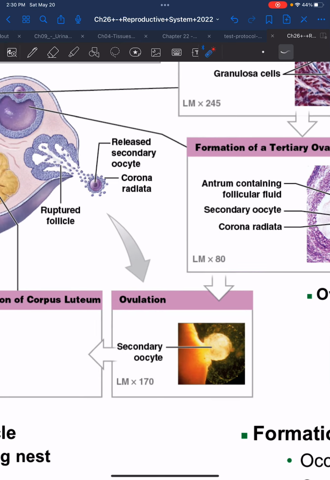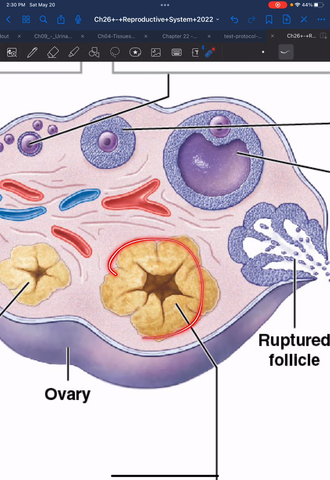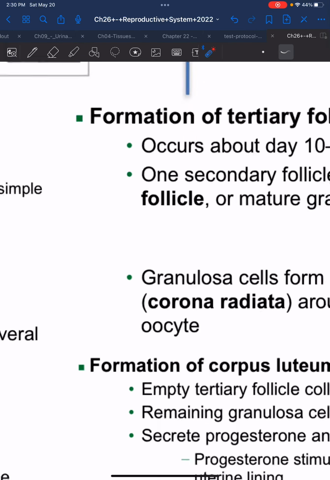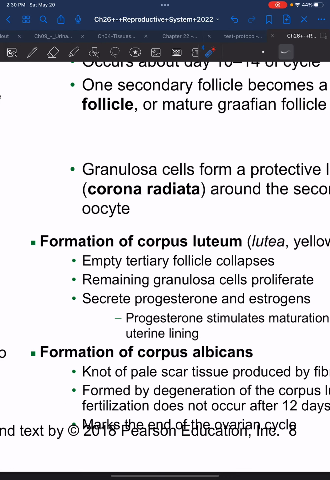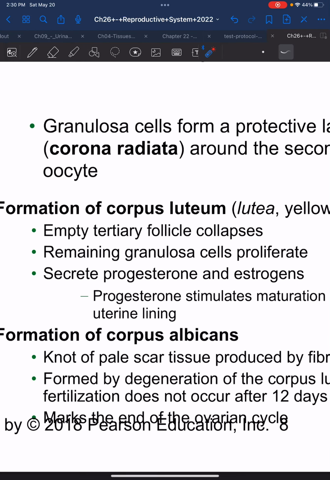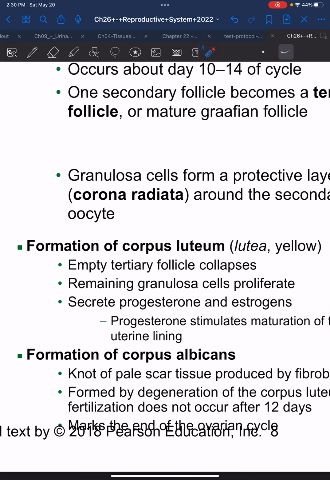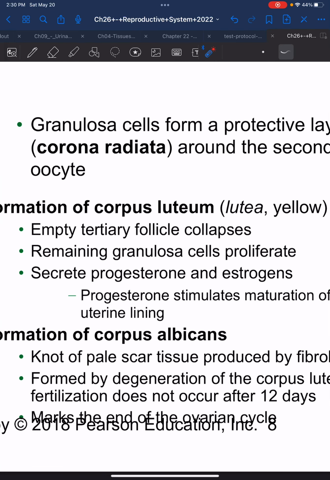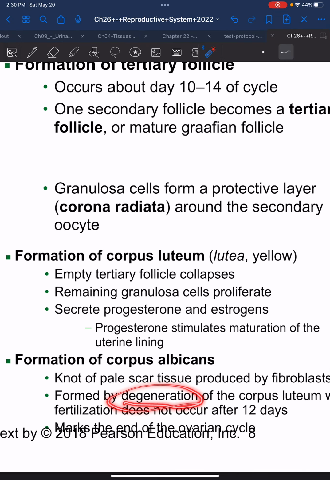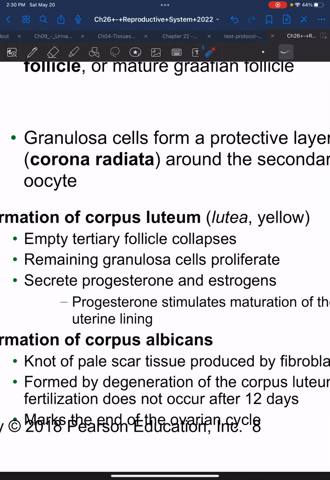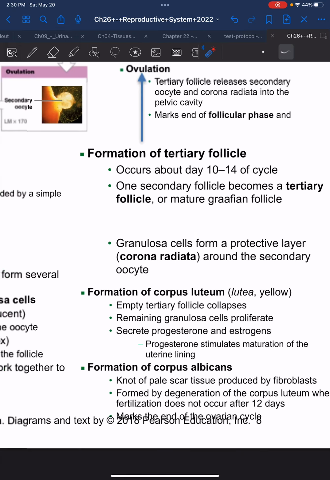So this corpus luteum stays behind, encouraging the release of progesterone, telling the uterus, hey, I just let this egg go through the uterine tube. You better be ready for me. That's its role. And then it further deteriorates, and your ovaries will recycle the components, but for the most part, it degenerates, and that will mark the end of the ovarian cycle.